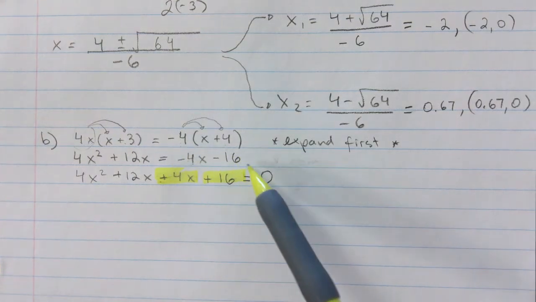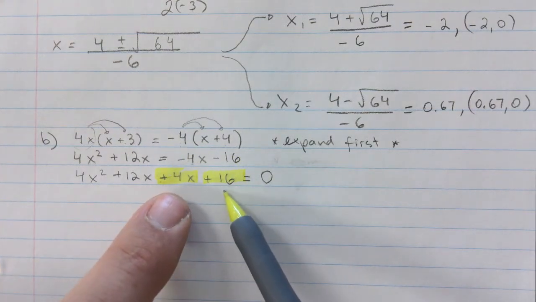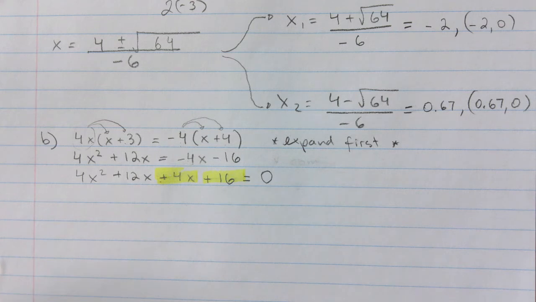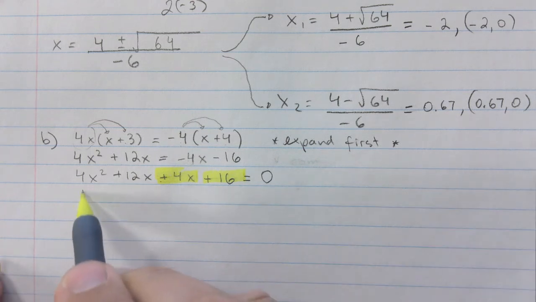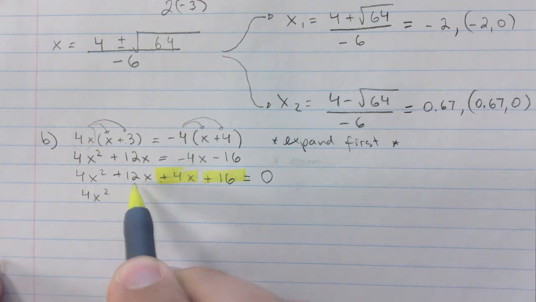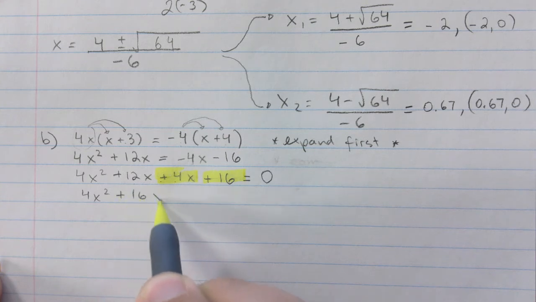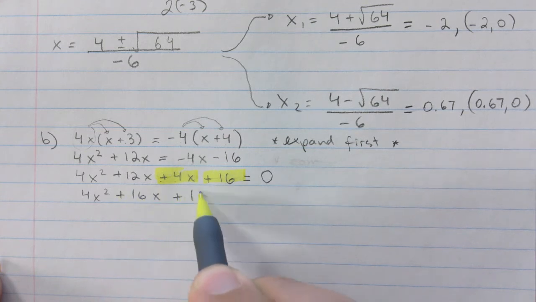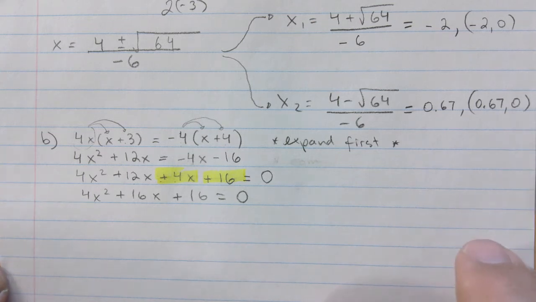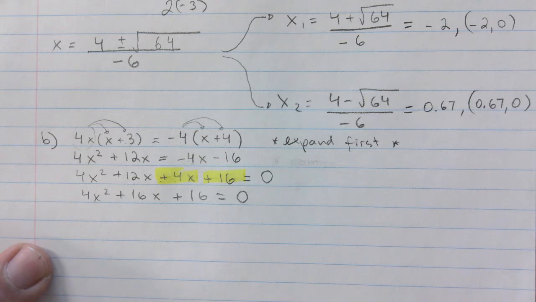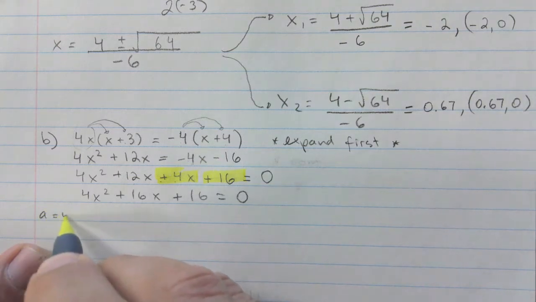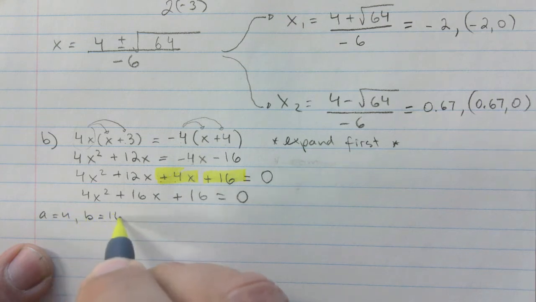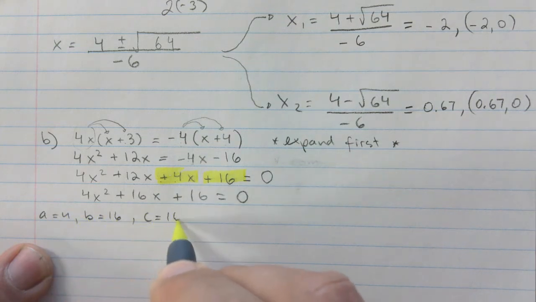So these two basically came over adding. Both of them changed signs, right? And then you combine like terms. 4x squared, 12 and 4 is 16, plus 16 is equal to 0. Okay? So A is equal to 4, B is equal to 16, C is equal to 16.